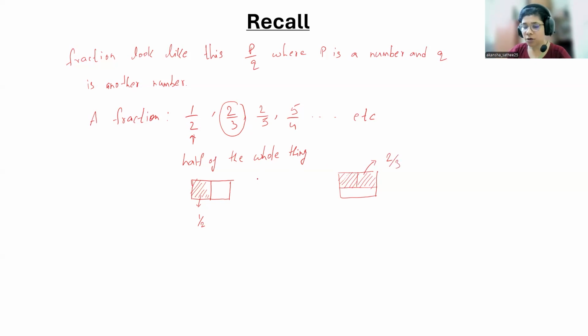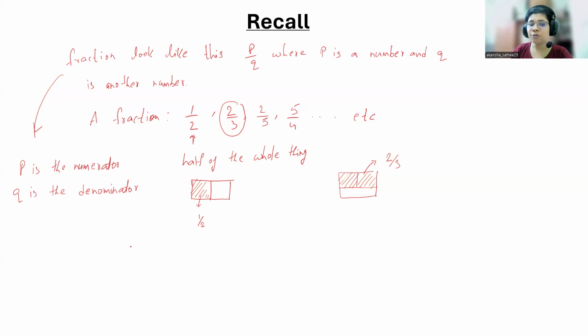We talked about all these things in detail in our last video. In the fraction P by Q, P is the numerator and Q is the denominator. I may use this terminology while solving problems, so that is why I'm giving you a quick recall.